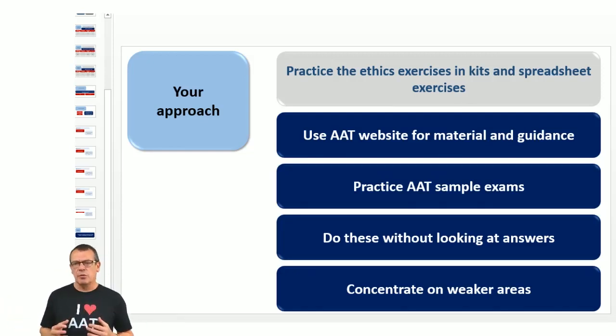That's vitally important. Make sure you get enough practice, because just because it's not examined individually doesn't mean you can't practice as much. Certainly the writing tasks, go for that and practice, okay? Use the AAT website. There's an awful lot of material on there. As I mentioned earlier, green light, practice assessments, plenty of study kit, okay? Make sure you look at the information that is available.